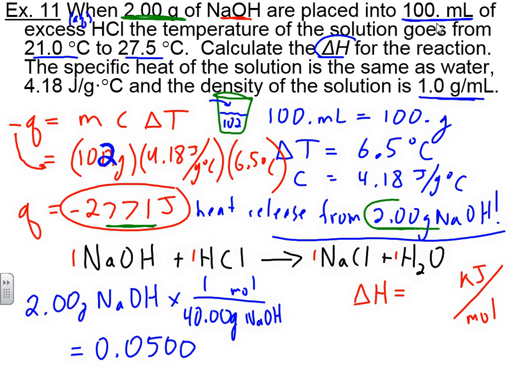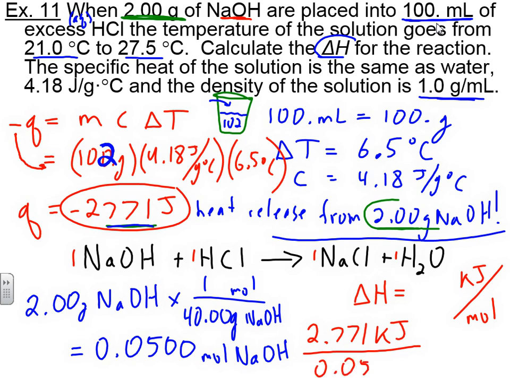Now the amount of joules I have is 2771, so that's 2.771 kilojoules. So I have myself 2.771 kilojoules. And if I divide the kilojoules by the moles, 0.0500, I'll actually get myself kilojoules per mole.